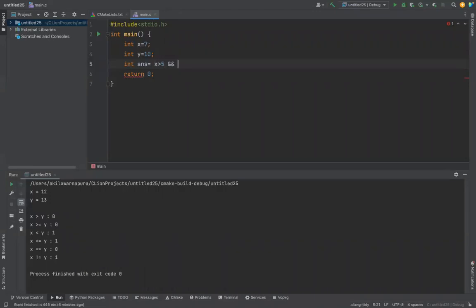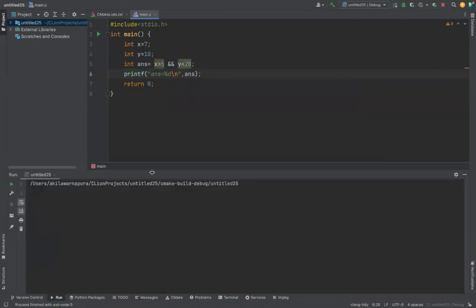Then AND another condition, y less than 20. Then you are going to print the answer. printf("answer is %d\n"), here you provide answer. Now run this program. It gives you answer is 1.